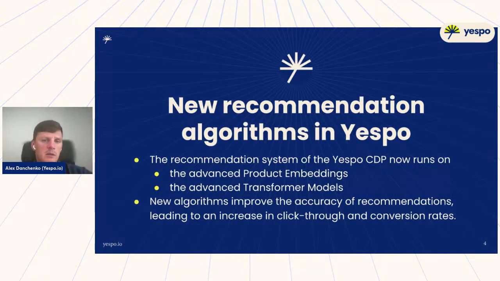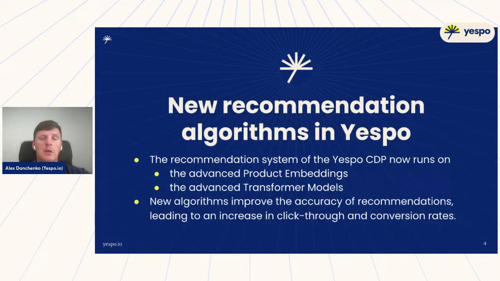We added advanced product embeddings and advanced transformer models. I will speak about what this means in terms of the algorithm's logic, but also, and this is very important, how it changes the numbers, the actual results that our customers see after this change.